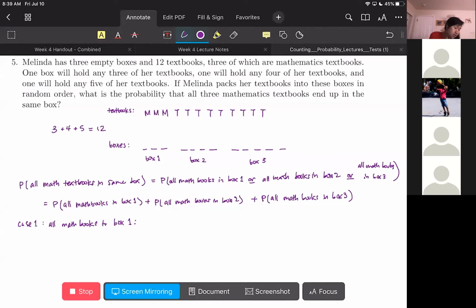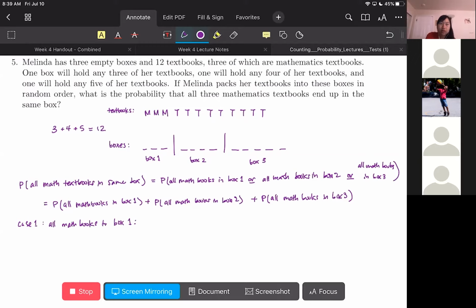And so this lends itself well to sort of a stars and bars kind of thinking. But also we don't really need the bars because we already have the fixed number of books in each box. So we can think about how many ways can we arrange 3 math textbooks and 9 non-math textbooks into these 12 slots such that all math books are in box 1.